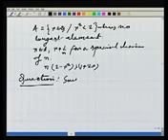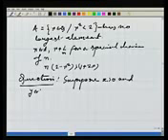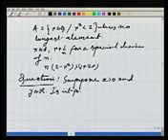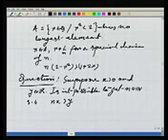Suppose x is a positive number and y is just another real number. Is it possible to get a natural number n such that n times x is strictly bigger than y?